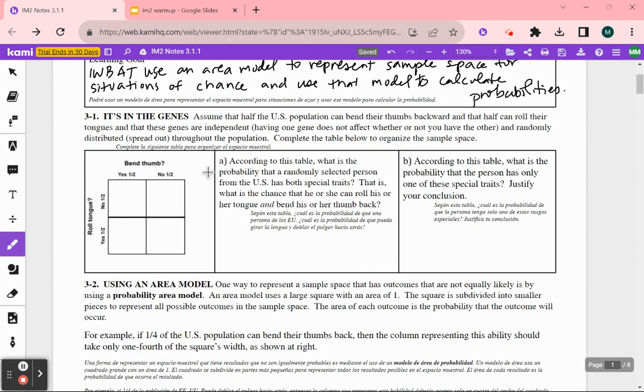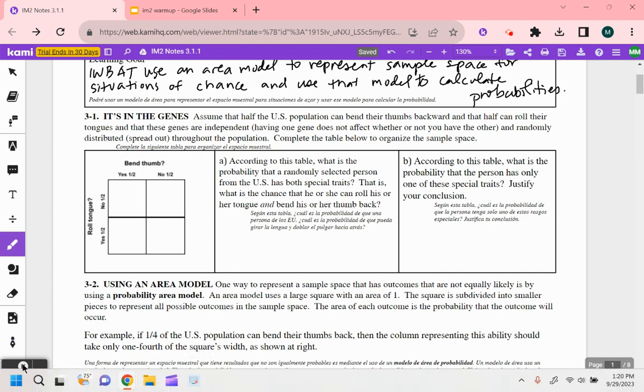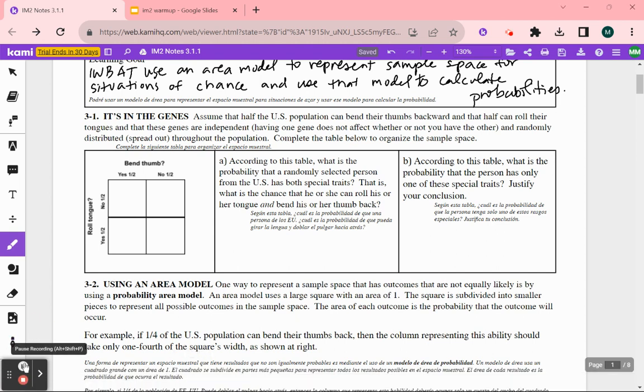First problem, 3.1. It's in the genes. Assume that half the US population can bend their thumbs backwards and that half can roll their tongues, and that these genes are independent, meaning that having one of the genes does not impact whether or not you can have the other.